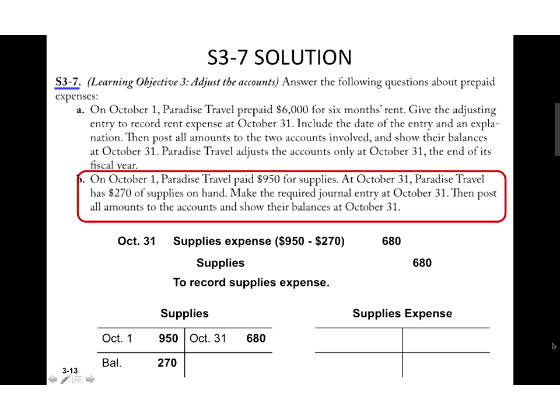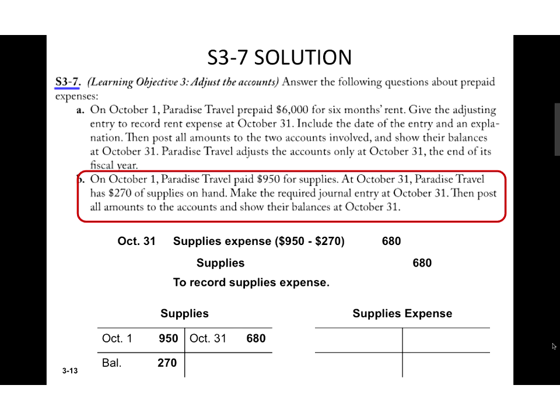So what we're going to see there, supplies has the beginning. I'll get that one, and I'll get your question in just a second. Okay, so supplies has October 1st, we bought supplies. So we see that debit in supplies, we increased supplies. Then we had the 680 we used, so that's subtracted.